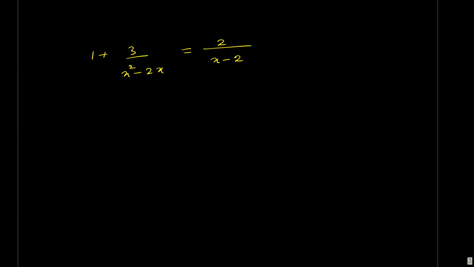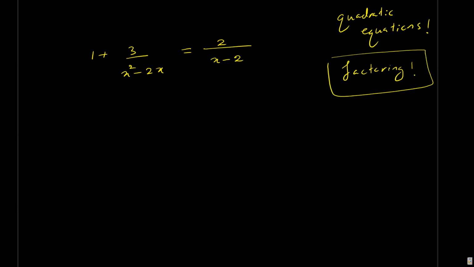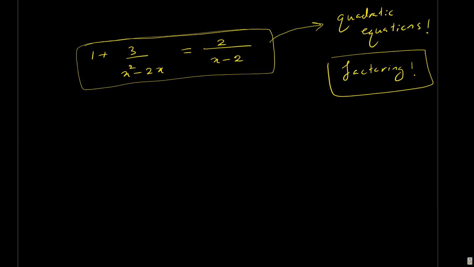Now in this case, actually we have not yet talked about quadratic equations in general, but we talked about factoring. So we can use this and do this example. Now, when we simplify this rational equation, it will not reduce to a linear equation, but it will reduce to a quadratic equation.